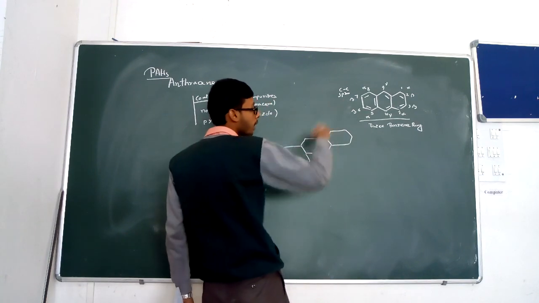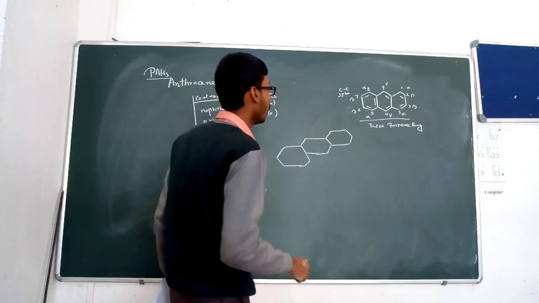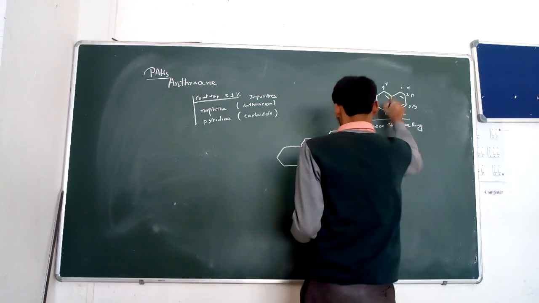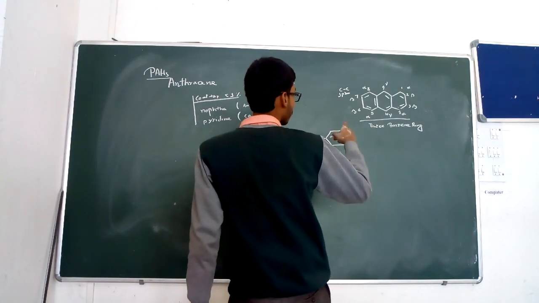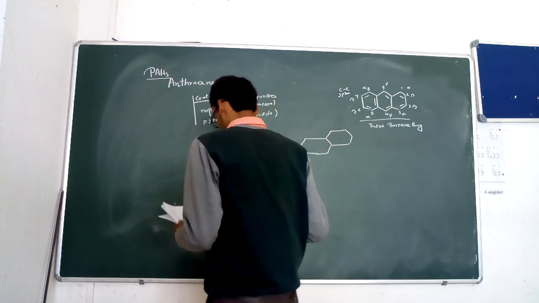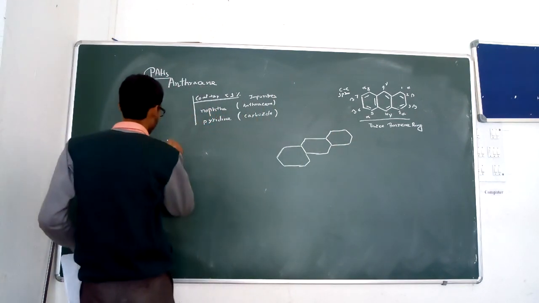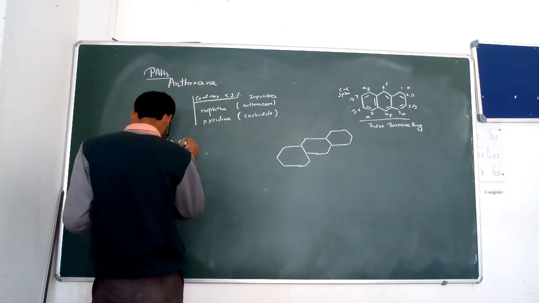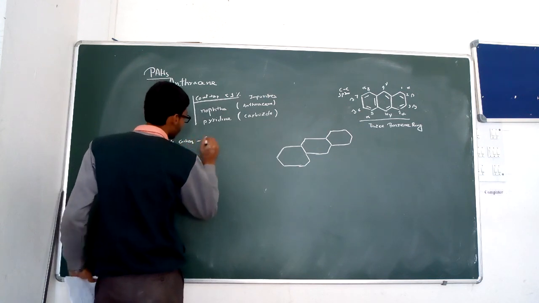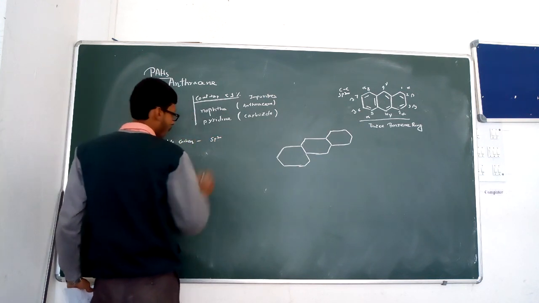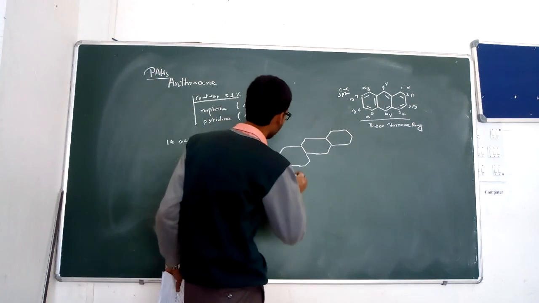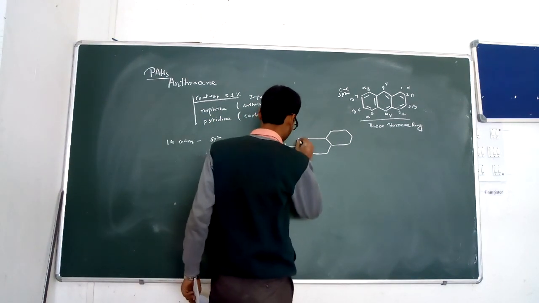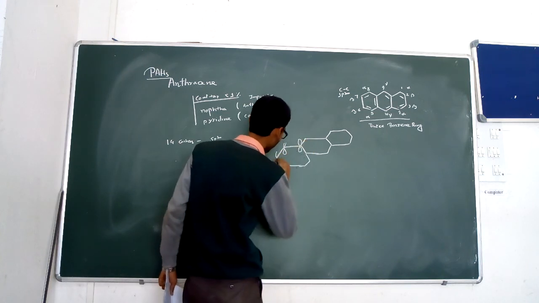Now you see that 14 carbon atoms are present, and all are sp2 hybridized, having an unhybridized p orbital which forms the pi molecular orbital.